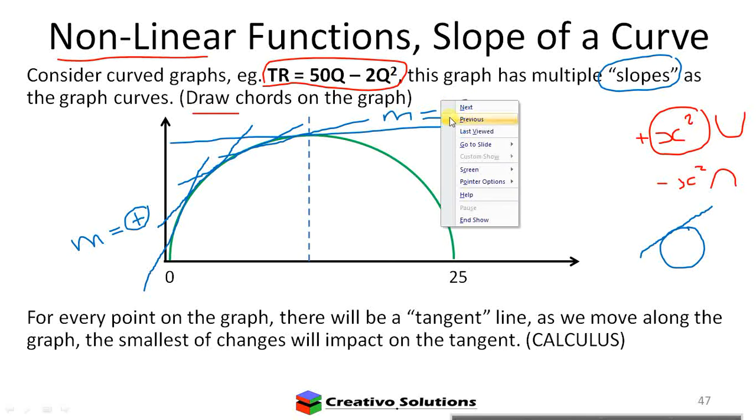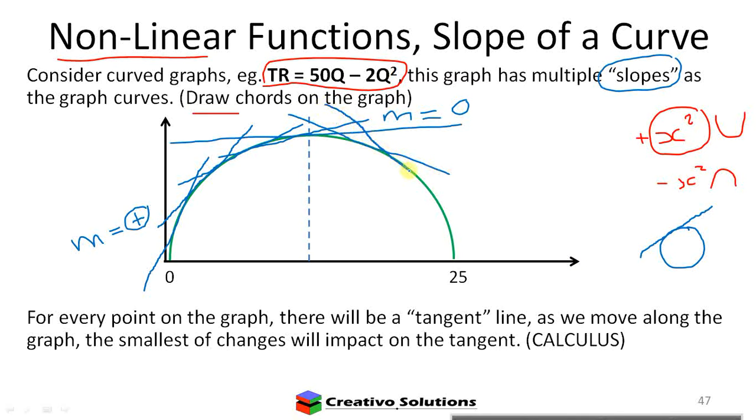When the graph starts to slope down, what is M now? Negative. Exactly. So now we've got tangents with a negative gradient, negative slope. What do we notice? The slopes of tangents to a curve slope up, then reach 0, and then start to slope down.